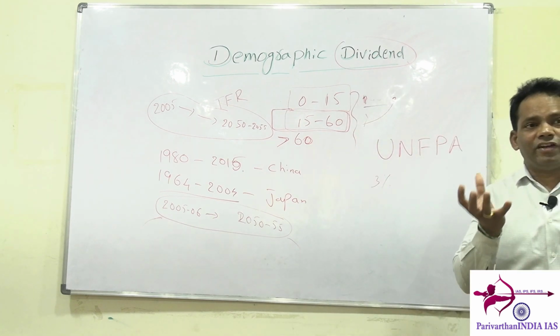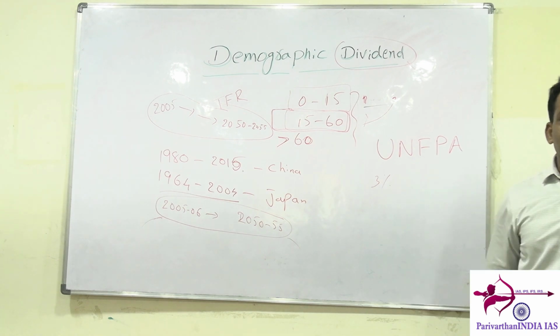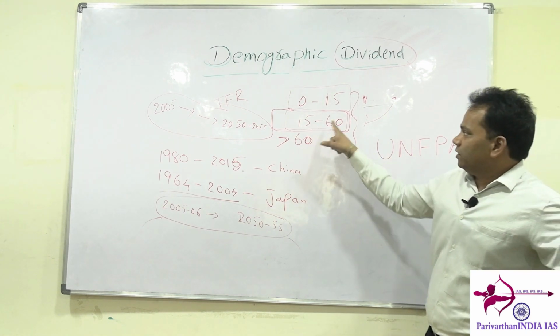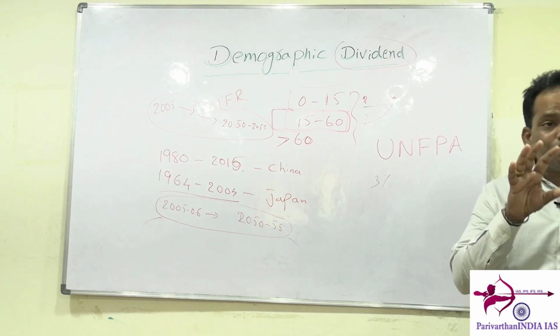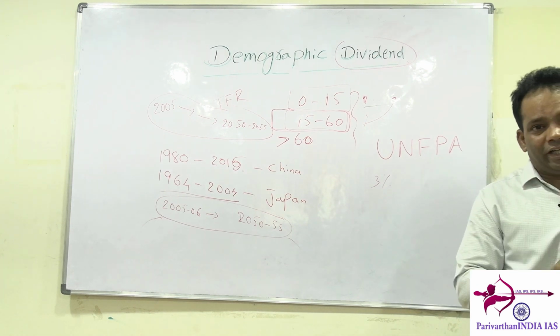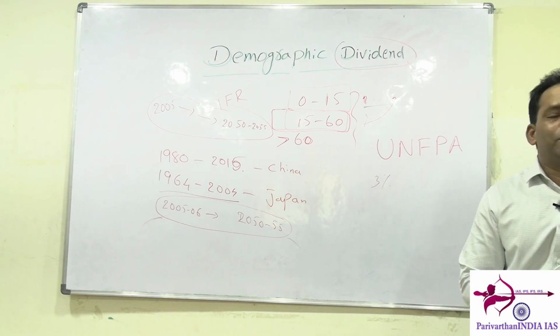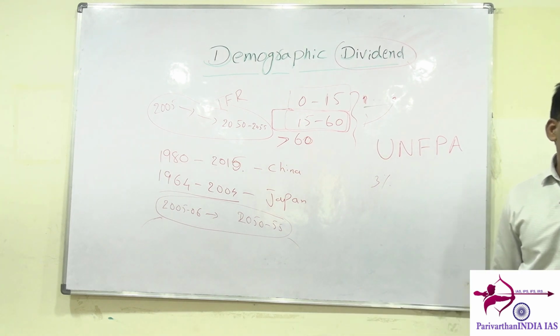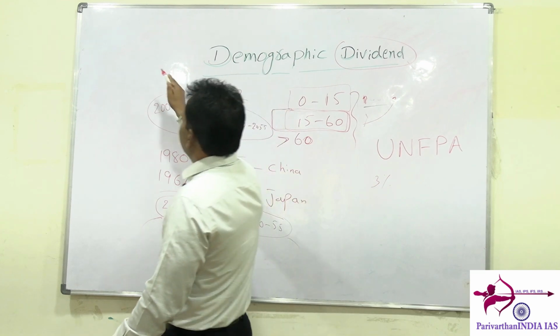By taking advantage of its huge demographic dividend, that is the labor force between 15 and 60 years age group, it registered unprecedented GDP growth. In decades, its growth was double digit, more than 10% always. Simply, in 1979, do you know?